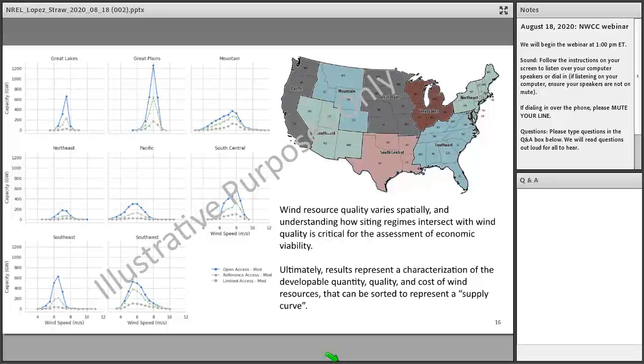Ultimately, these results represent a characterization of the developable quantity, quality, and cost of wind resources that can be sorted to represent a supply curve scenario. And as you see, the supply curve scenario can be quite drastically different depending on the land availability assumptions when capturing these local level siting constraints.